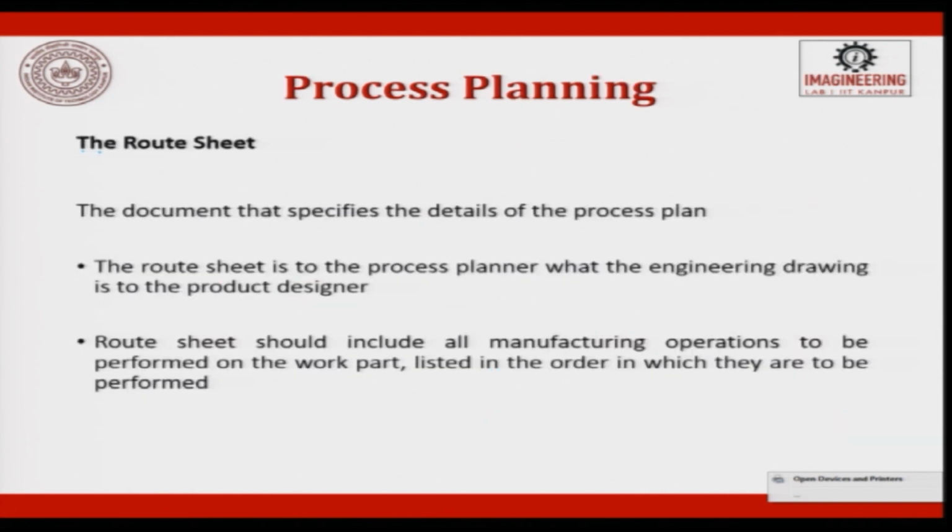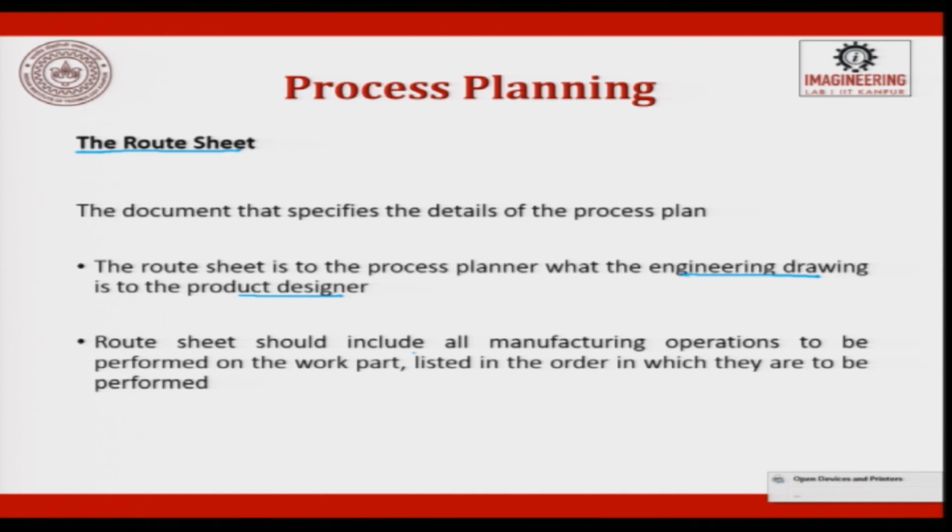There is another important thing which comes in process planning, the routing sheet, the document that specifies the detail of the process plan. So, a routing sheet is to the process planner what the engineering drawing is to the product designer.